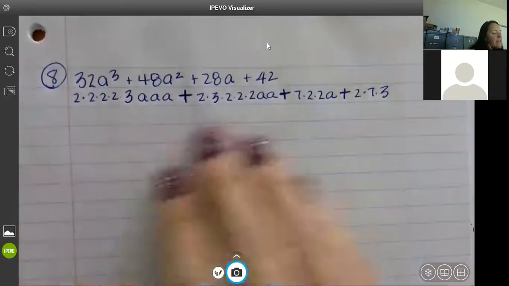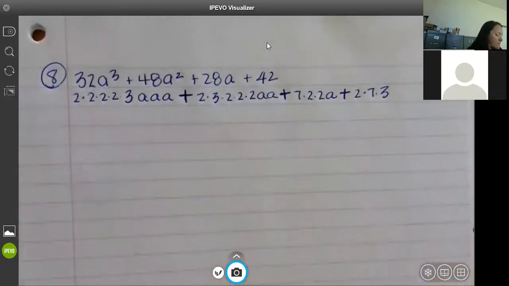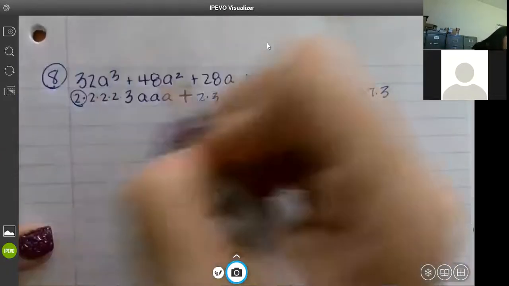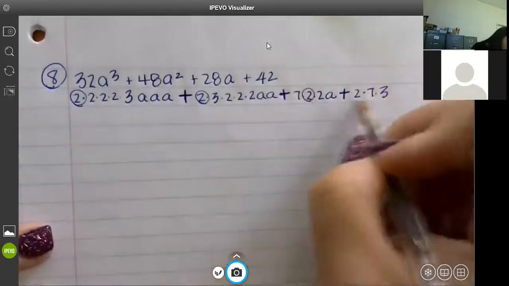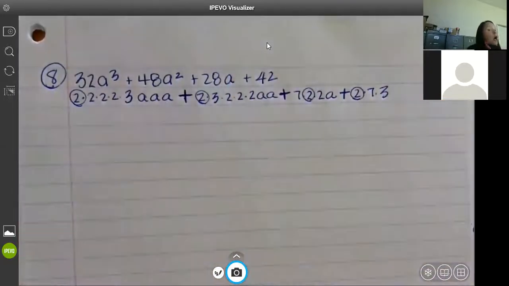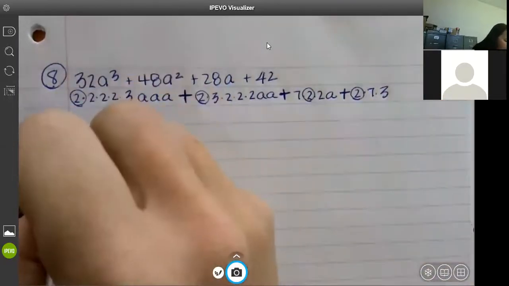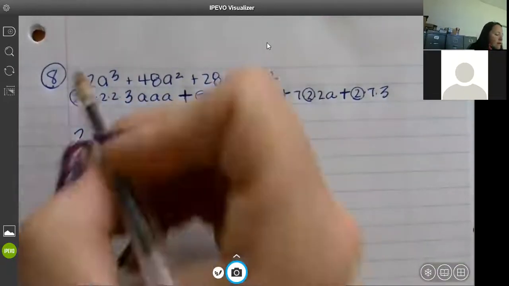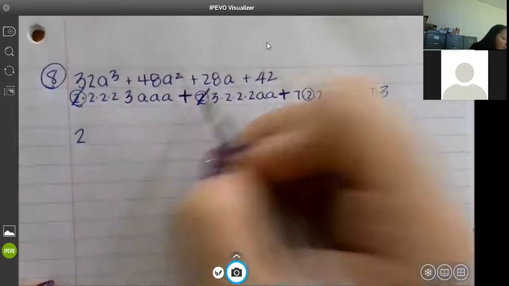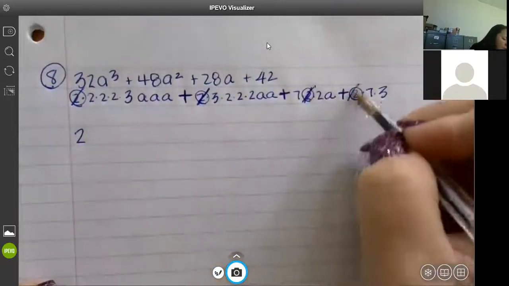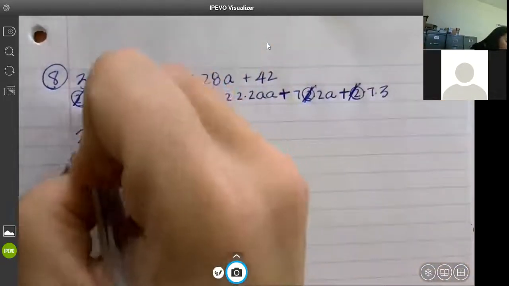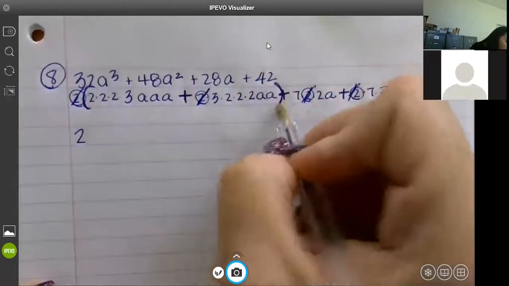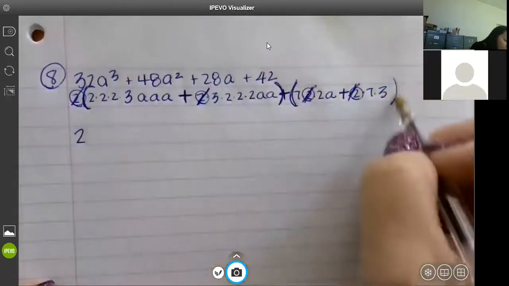Do they have anything in common all the way throughout? Only a 2. So I'm going to pull that out. And then to make it easier on you, I would just go ahead and mark it out, and then group from here, so I don't have to rewrite it.